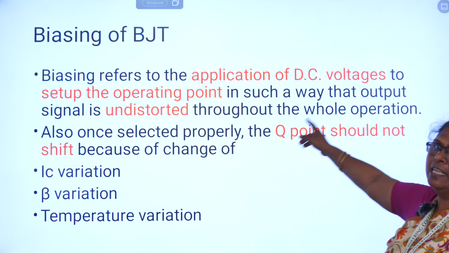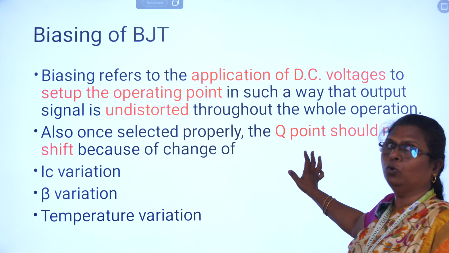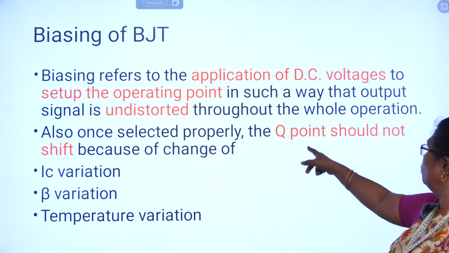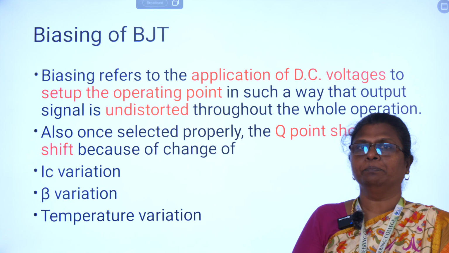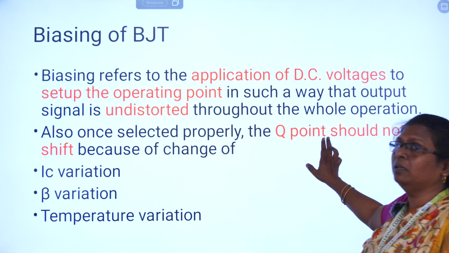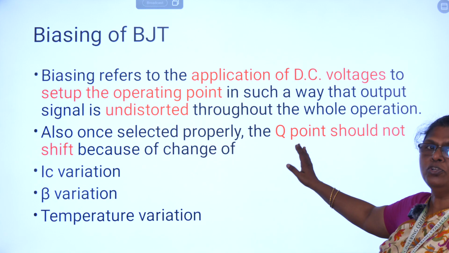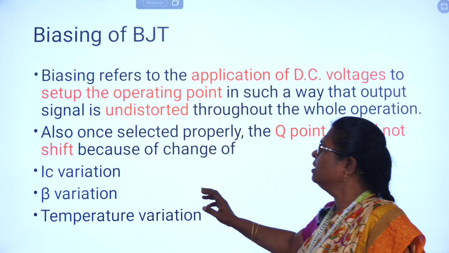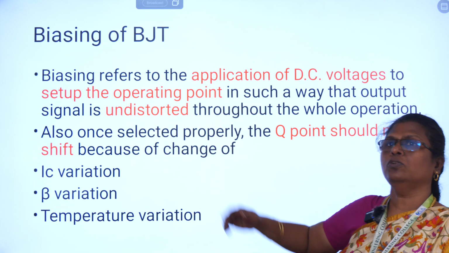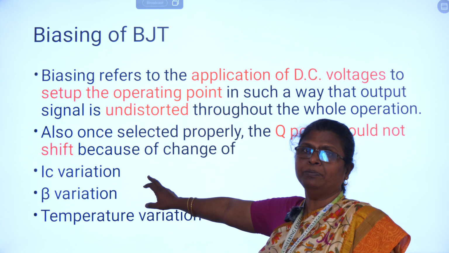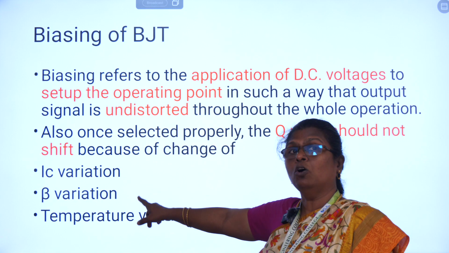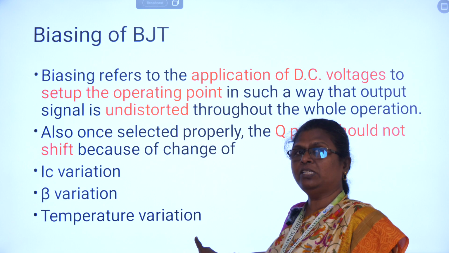This we call the Q point, or operating point. The selection of Q point should not shift. It should remain in that position. The Q point should be fixed throughout the operation. In spite of the changes, there may be 3 changes that may occur. One is IC variation, that is collector current variation, or beta variation, or temperature variation.